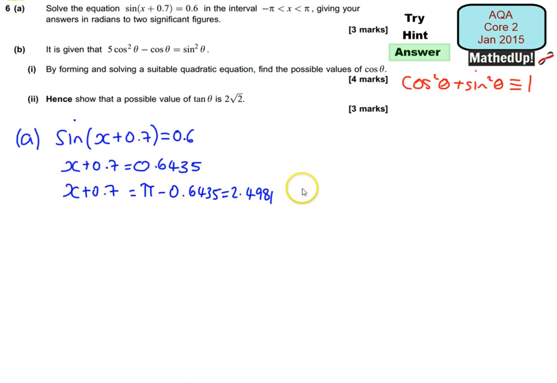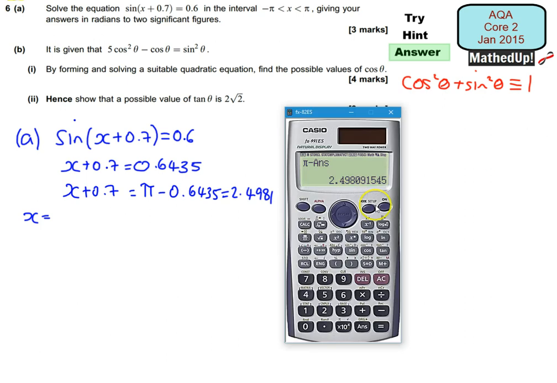I can work out my solutions for x for each of these. x is going to be equal to 0.6435 take away 0.7, and that gives me negative 0.057.